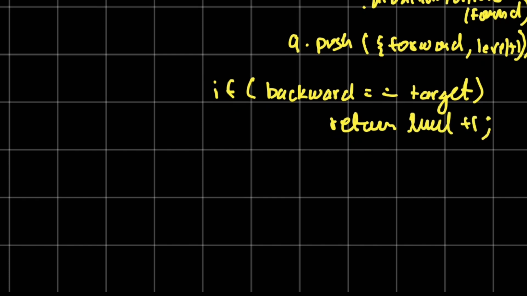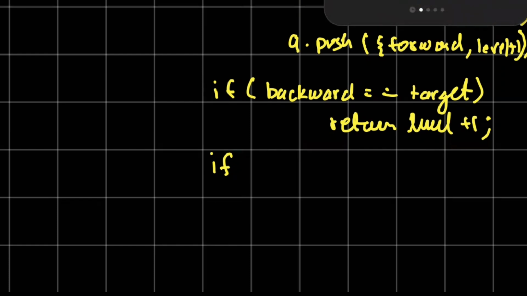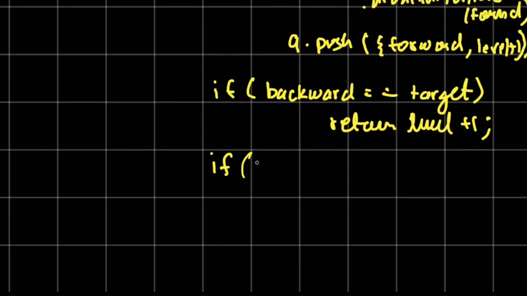Okay, and now if it is not the target, then we will again see that if backward is not visited, and here we will say backward, and also it should not be in the dead end.